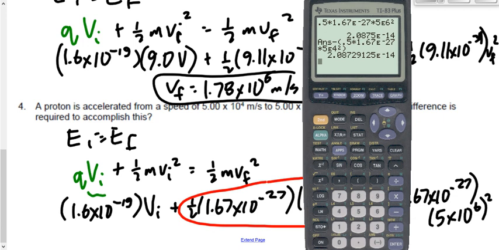Now I'm going to do what? Divide by what? Good. That gives me 1.30 times 10 to the 6, or 10 to the 5, I guess it is.